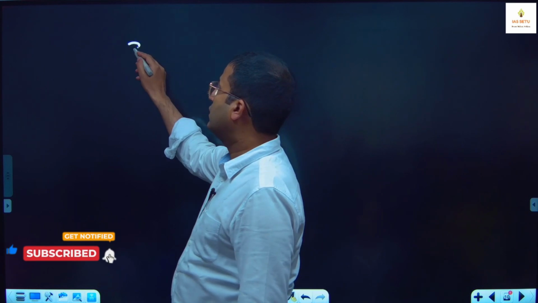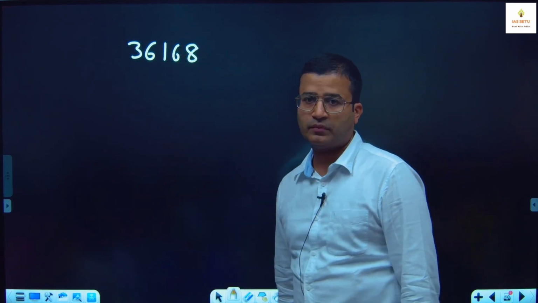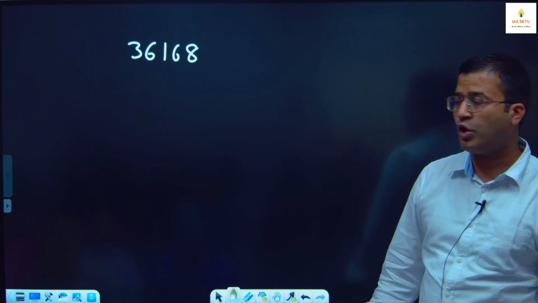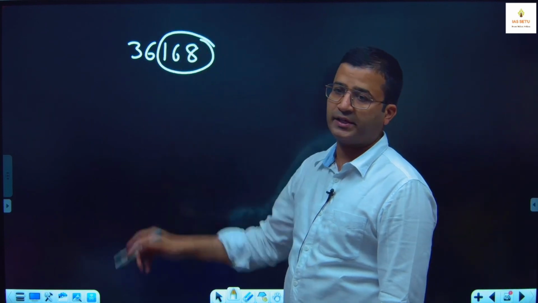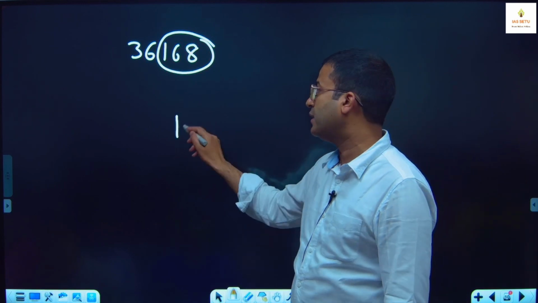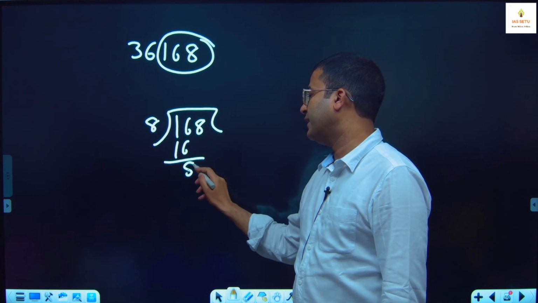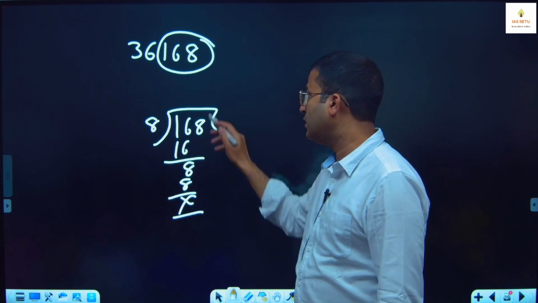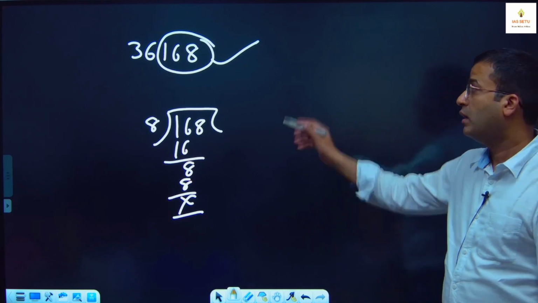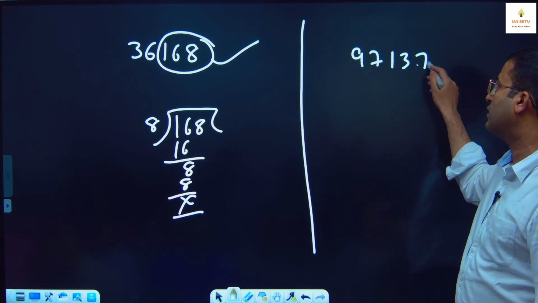Now here, 36,168. If I have to check if this number is divisible by 8, yes or no, I have to check the last 3 digits. And 168, yes, it is divisible by 8. If you divide it by 8: 8 16s, 8, 8, it is divisible. If the last 3 are divisible, the complete number is divisible. Like for example, 97,137.